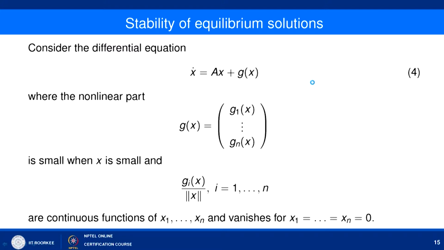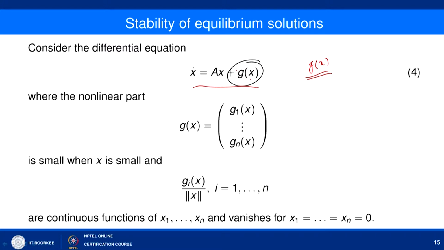If you look at the difference between this and the previous one, the difference is this part g(x). Here we assume that g(x) is weak compared to the linear part. It means that the linear part dominates over the non-linear part. So, we simply assume that if x is small, then g(x) is also small.